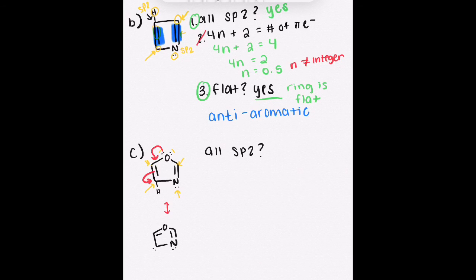Therefore, the carbon will be negatively charged. And now the oxygen only has 1 lone pair, is connected to 1, 2, 3 things and is sp2 hybridized. So sometimes it can be tricky. If you can do resonance with the ring, then the atom will be sp2 hybridized even though it doesn't look like it from the start. So our answer to this question is yes.